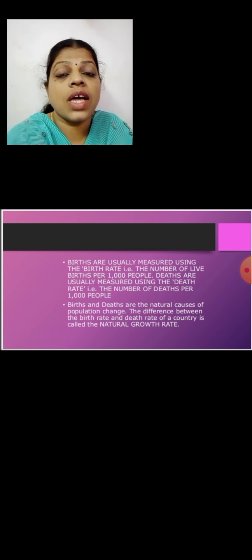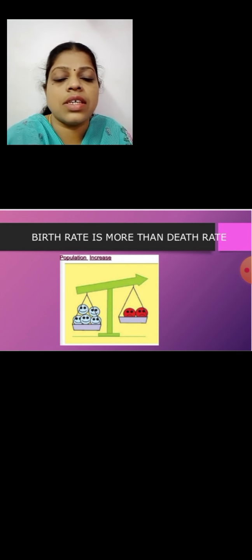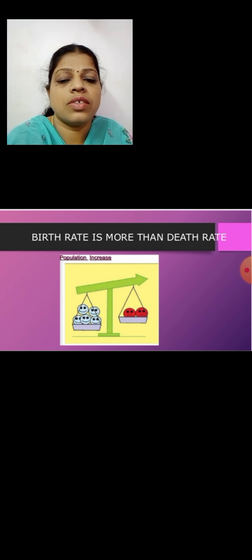If the birth rate is high, we can see high population in that area. And here we can see the balance, isn't it? So what we can infer from this image is that the birth rate is more than the death rate. So why is it so? As we told, there are various reasons, isn't it?